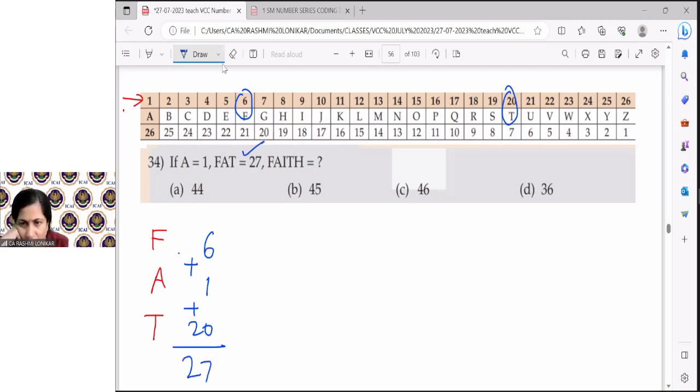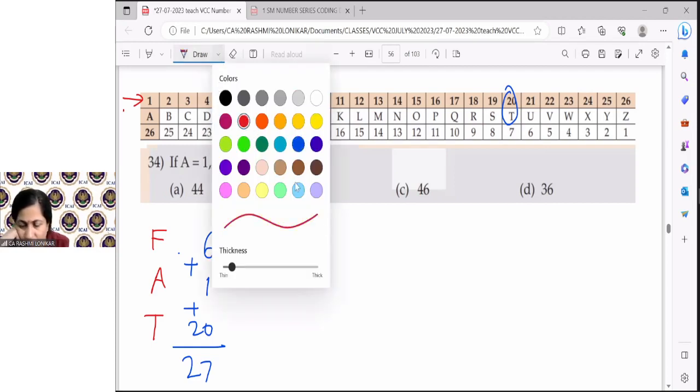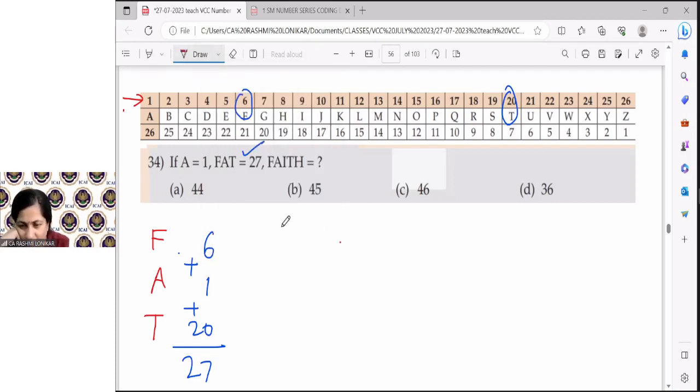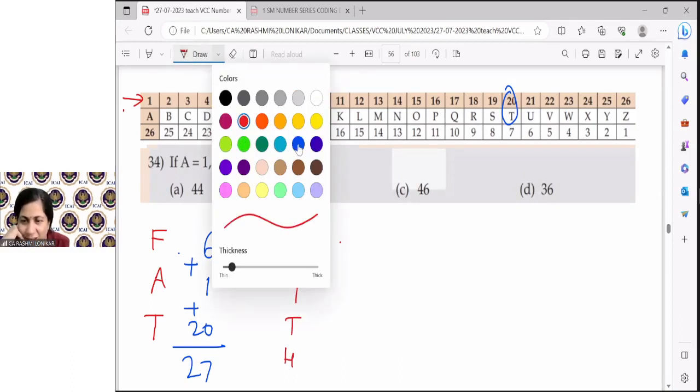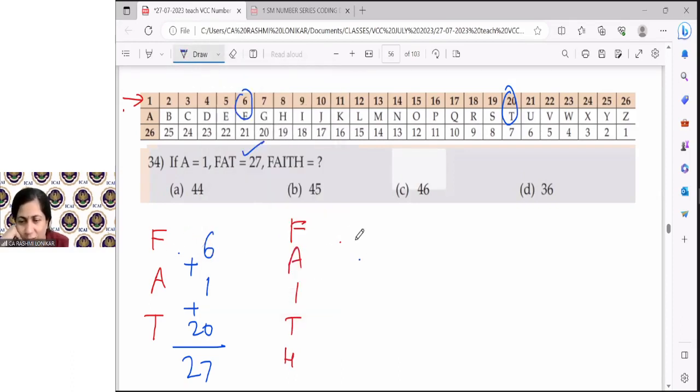Now I have to find out FAITH. I already have the word, but still I have to find the number associated with it. F I already know is 6, A is 1, T is 20. What is the value for I? I is 9.